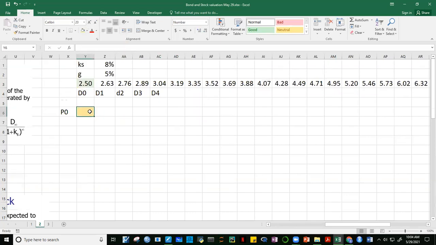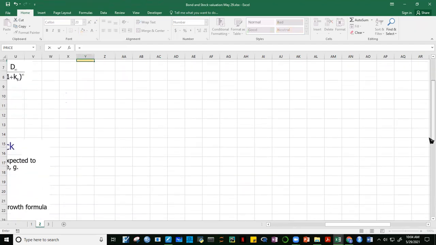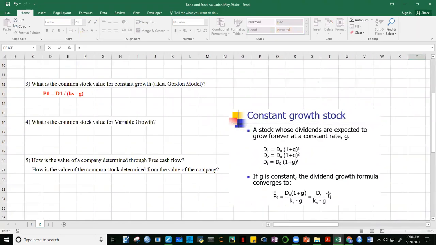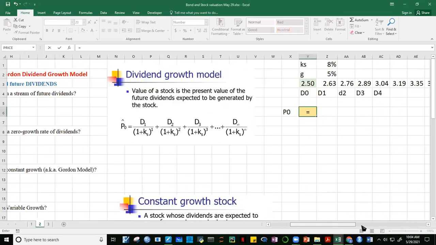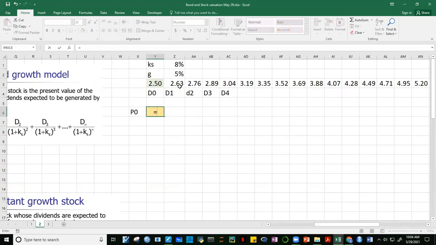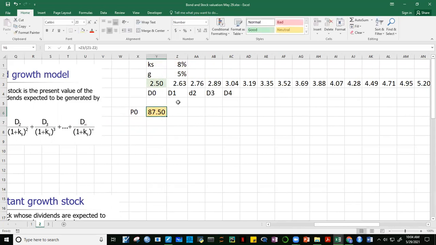So the price of this stock is equal to, sabi niya D1 over K sub S minus G. Okay. Yan ang value ng stock na yan.